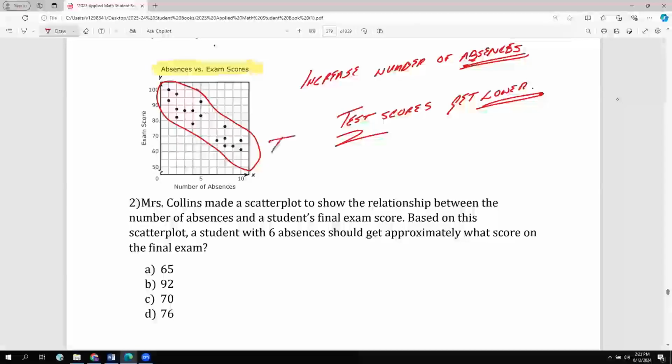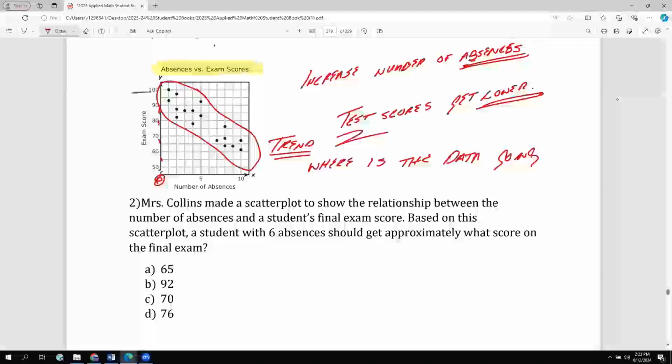Again, I can also show trend. This is another word, and remember, the vocabulary trend says, where is the data going? What I mean by that is this too. When it goes from something like this, we call this distance up here high.